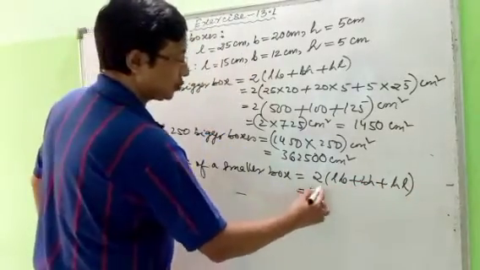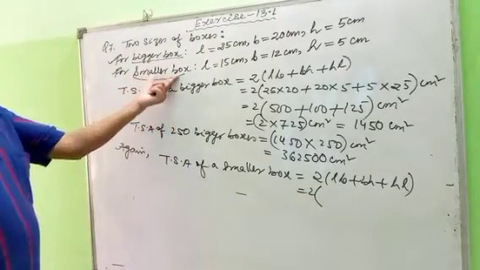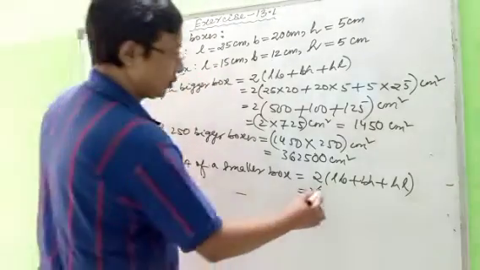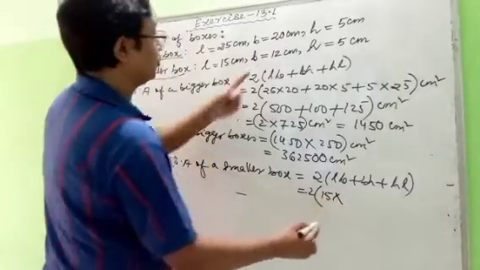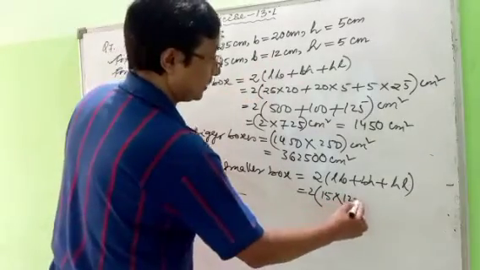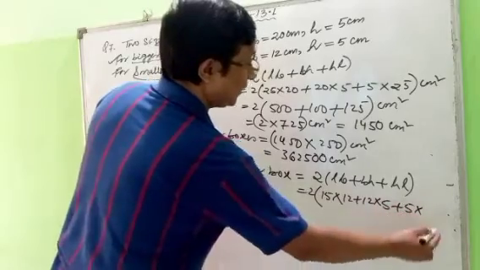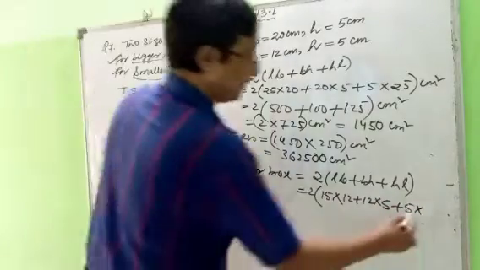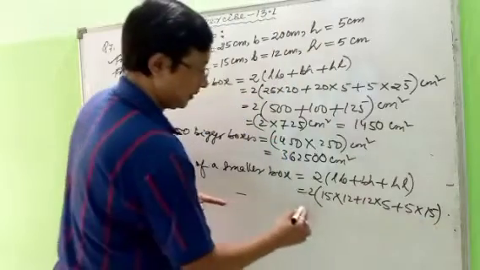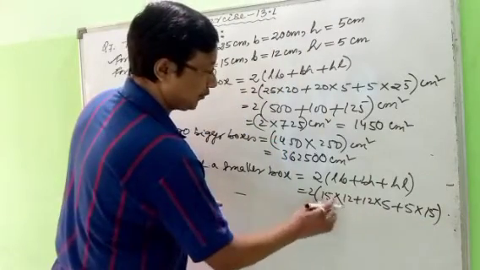So equals twice, now for the smaller, length is 15, so 15 into 12 plus 12 into 5 plus 5 into 15 equals 12 into 5, 60.